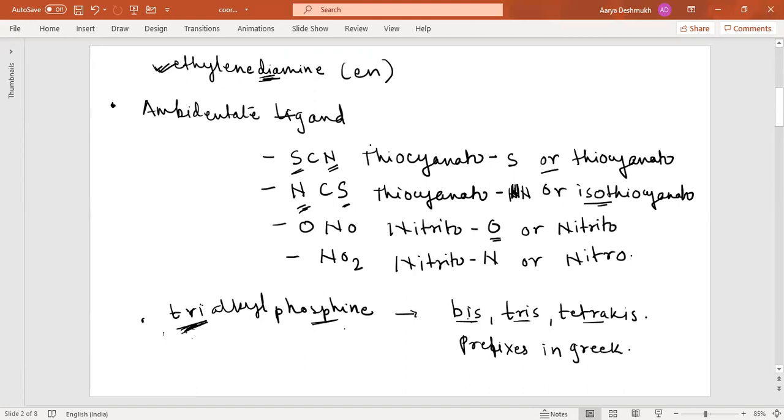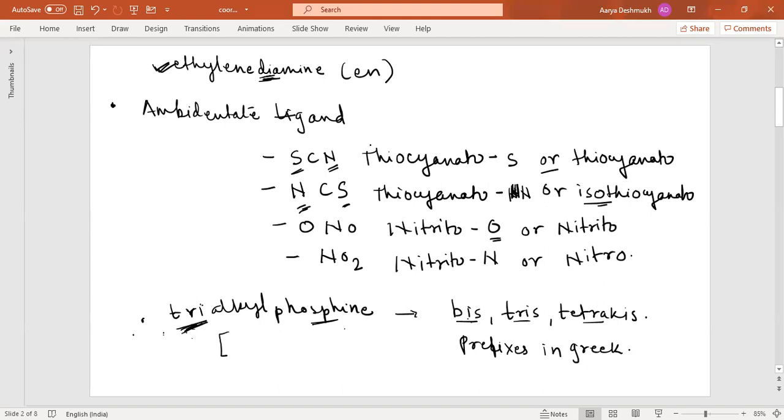If there are two ethylene diamine molecules bonded to the metal atom, you can write bis ethylene diamine and so on. For example, I'll try to explain this here itself for this particular point.